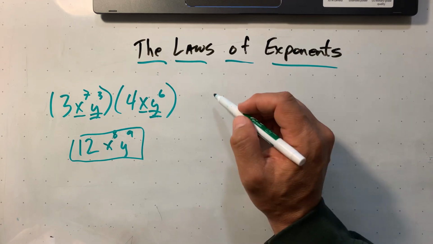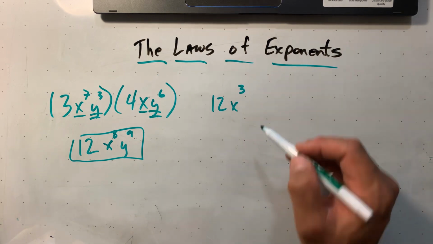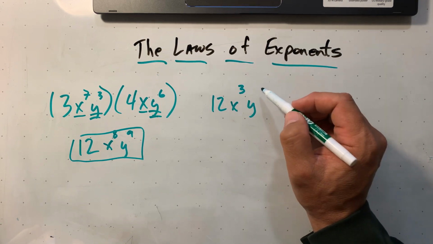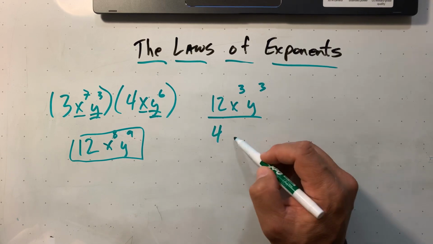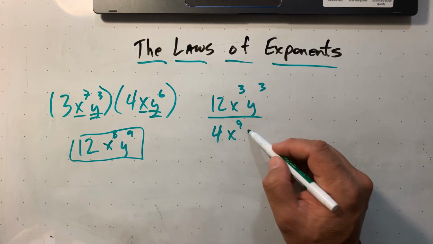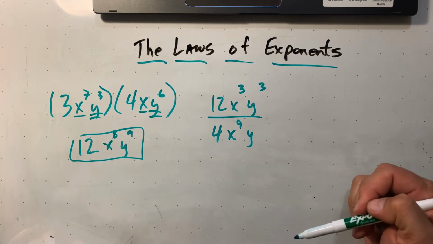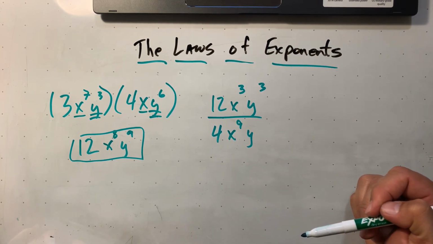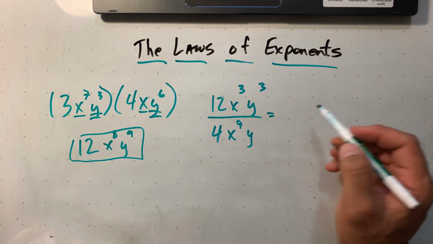Here's another one. We've got 12x to the 3rd, y to the 3rd. That's going to be divided by 4, x to the 9th, y. Remember, the 12 and the 4, those are not exponents, so you're just going to divide. What's 12 divided by 4? That's going to become 3.